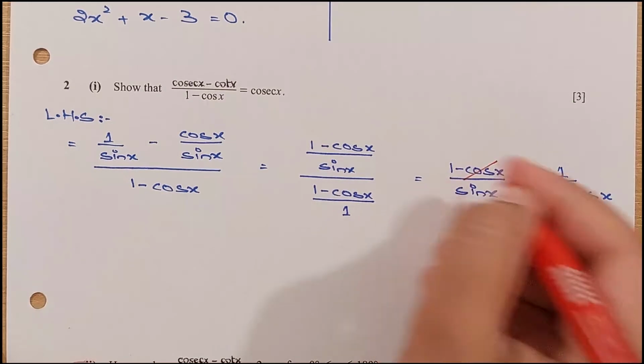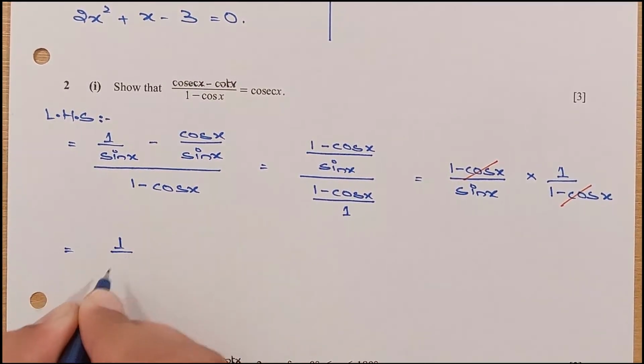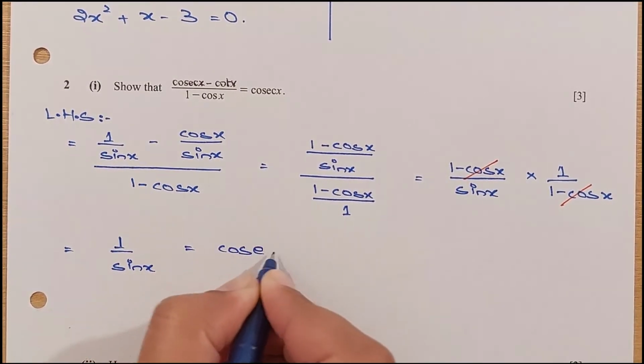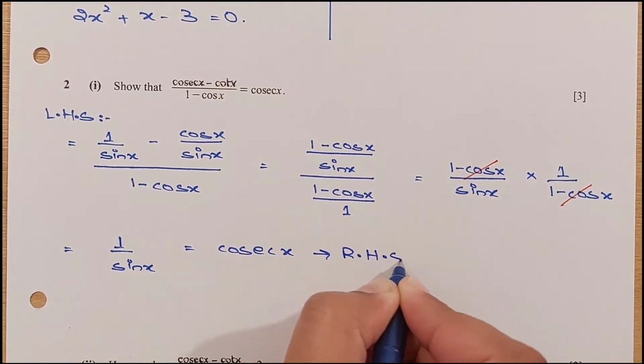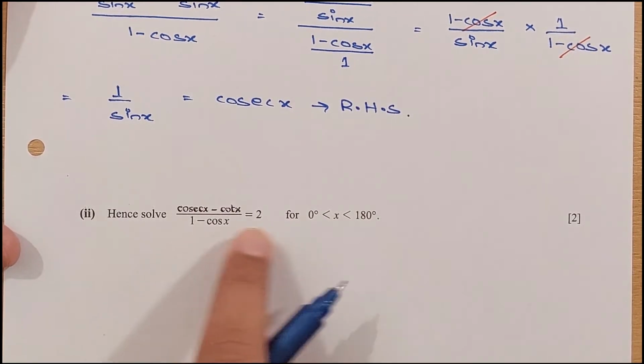Now we can cancel the like factors. So here we are left with 1 by sine x, and 1 by sine x is cosecant x. This is my right hand side, right?